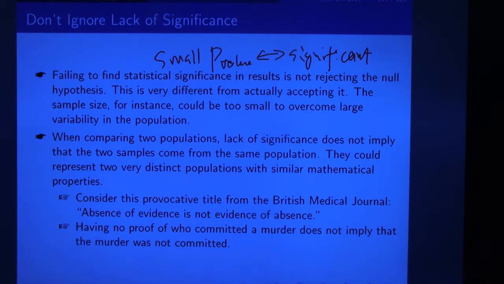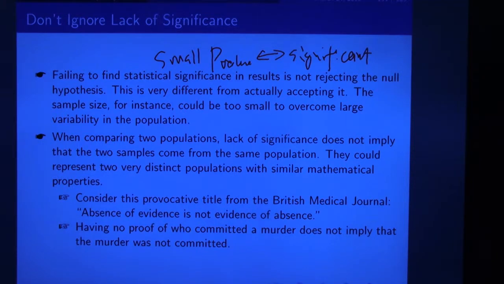The sample size, for instance, could be too small to overcome large variability in the population. Another example is when we compare two populations: the lack of significance does not imply that the two samples come from the same population. They could represent two very distinct populations with similar mathematical properties.